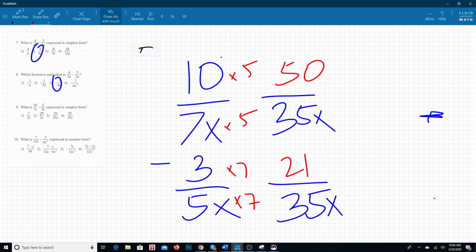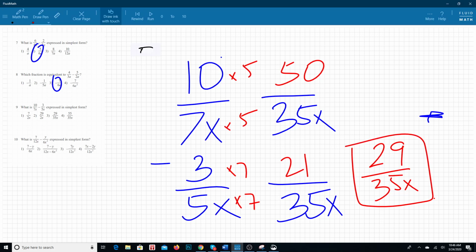So again, it's simply 50 minus 21, which in this case will give us 29 over 35x. Sorry, my bad. I misspeak a lot. Right?